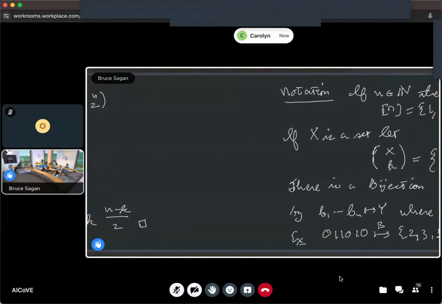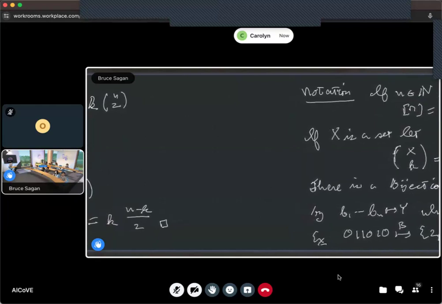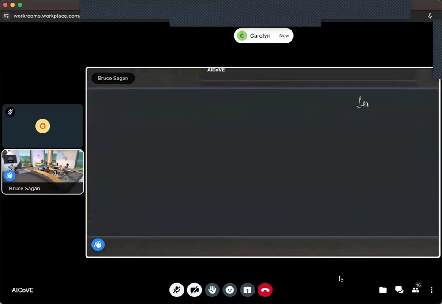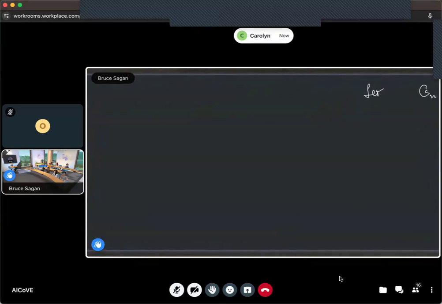Okay. So continuing on our way, we're going to let Sn be my favorite group, the symmetric group of permutations of the numbers 1 through n.